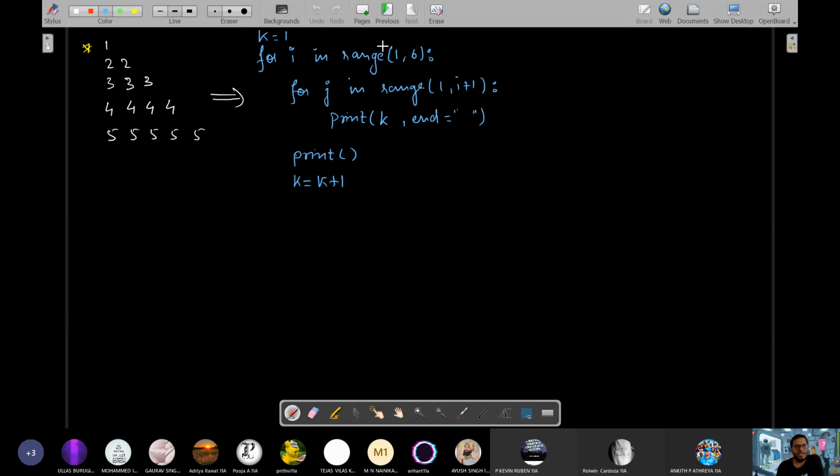In this program, you have to increase k only when the new row starts printing. So new row कब start printing होगा? J prints the entire row. So when J has executed its turn and then next line is being generated, उसके बाद तुम k को increase करोगे, so that before next time J starts all over again for printing the next row, you have got an increased value of k.